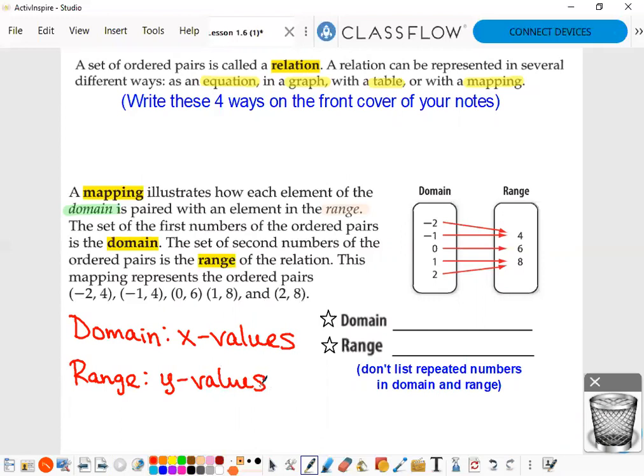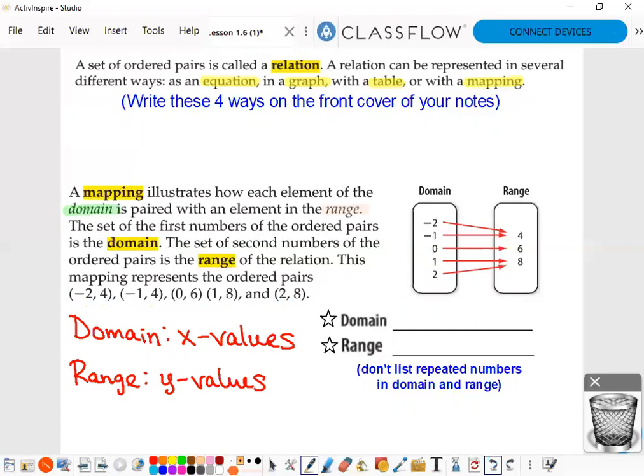We'll probably do that more than referring to them as the first numbers in the ordered pairs and stuff like that. So I just want to get that note down for you. And then what we're going to do is we're going to list our domain and range. So if I look at that set of ordered pairs, I'm going to use that to fill in our domain and range.